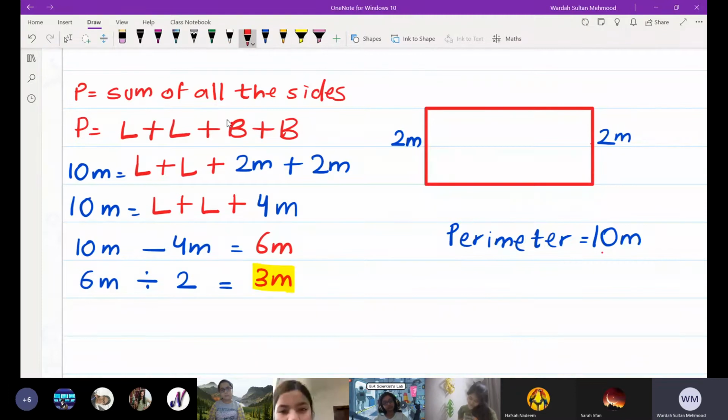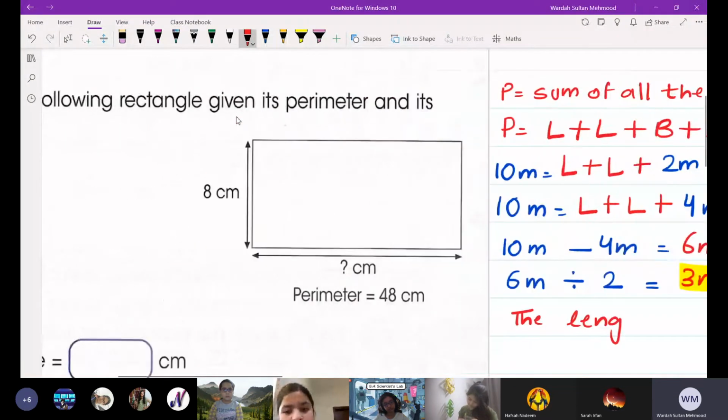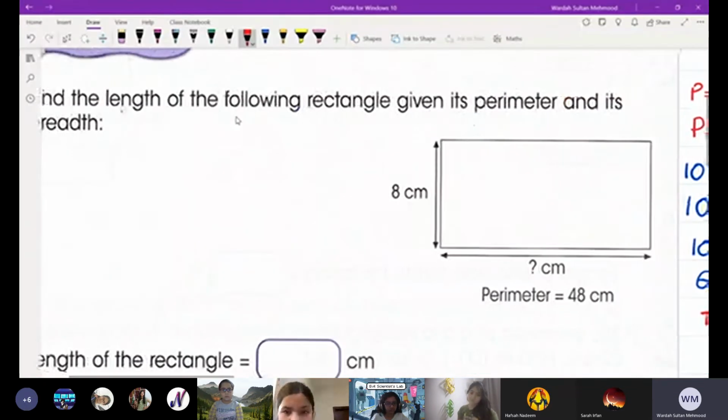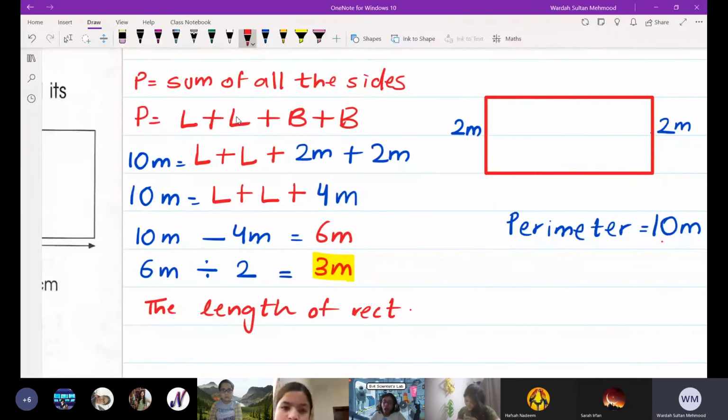The missing length that they told you to find, the missing length is the length, spelling is, sorry, L-E-N-G-T-H. The length of the rectangle is 3 meters.